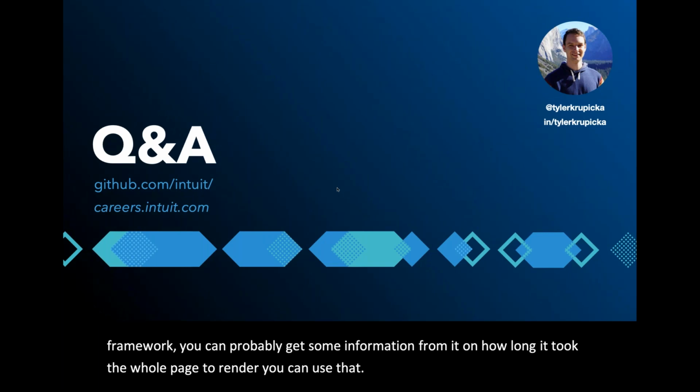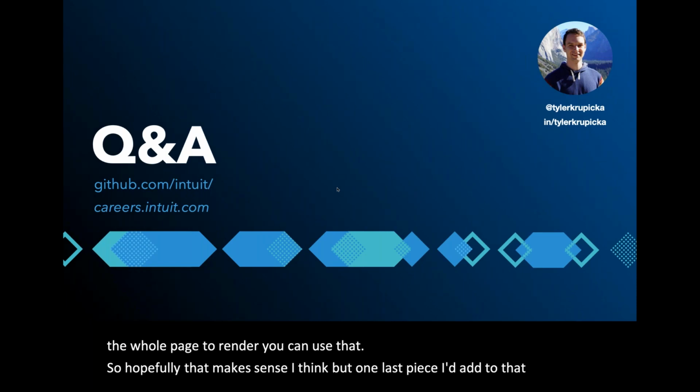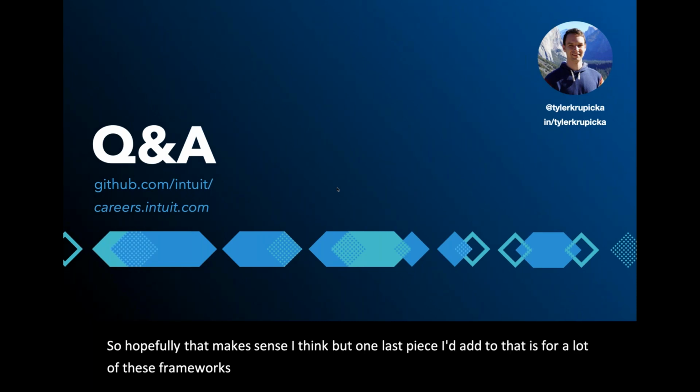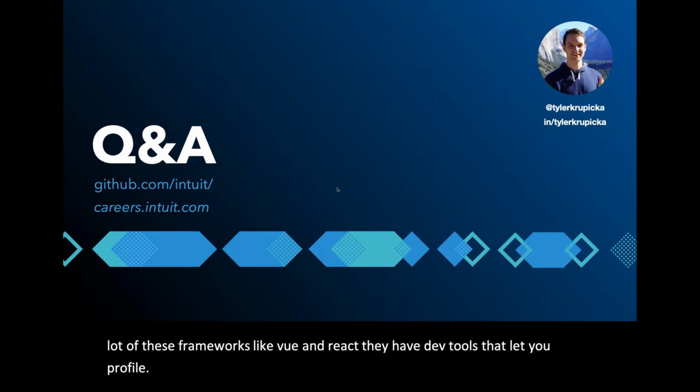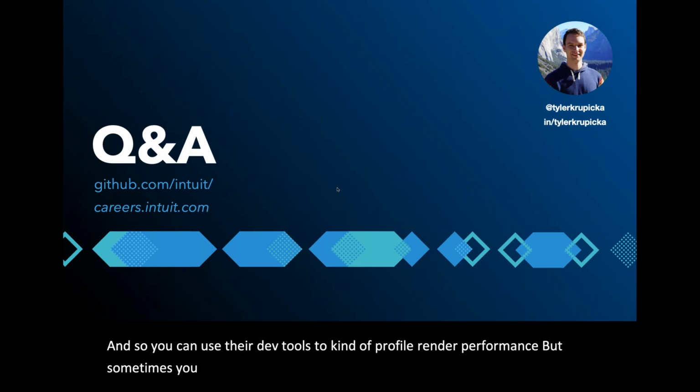So hopefully that makes sense. One last piece I'd add to that is for a lot of these frameworks like Vue and React, they have dev tools that let you profile. You can use their dev tools to profile render performance, but sometimes it might not be possible if it's a production build of the application.